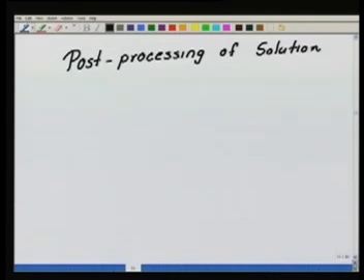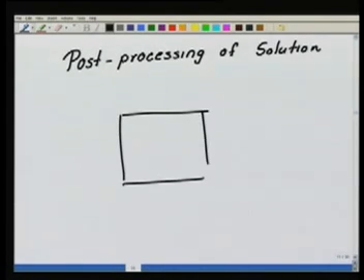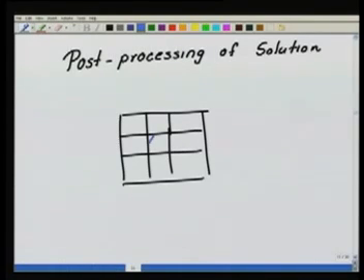Okay, so given the mesh, given the domain, let's say I am interested in the values of del u del x, del u del y here in this element.